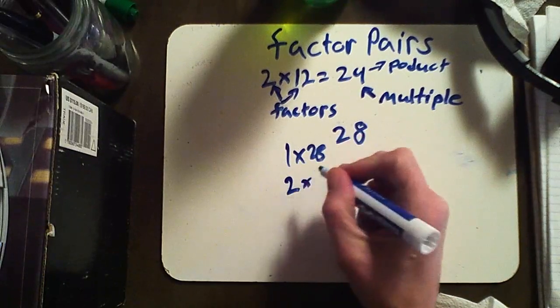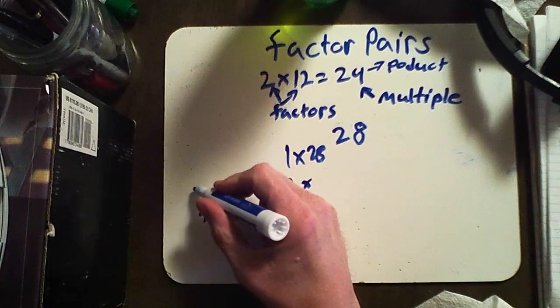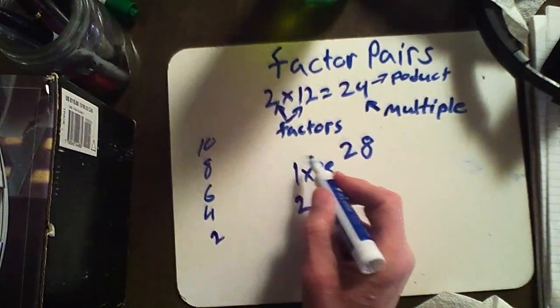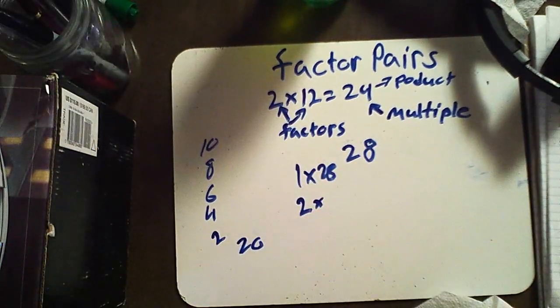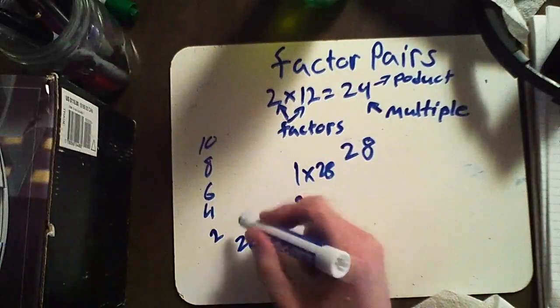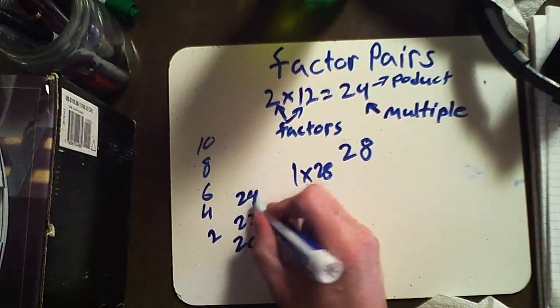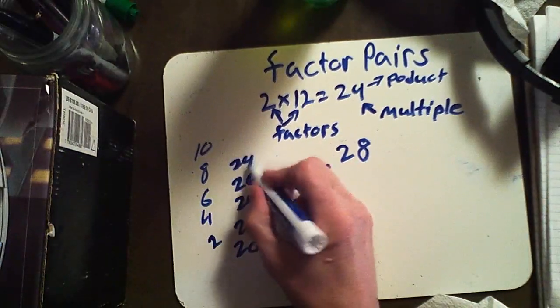You might have to skip count by 2 till we get to 28. 4, 6, 8, 10. That's 5 groups. You know what? Can we just skip and go to 20? 20, that's 10 groups of 2, right? So now we've got 11 groups of 2, 12 groups of 2, 13 groups of 2, 14 groups of 2.